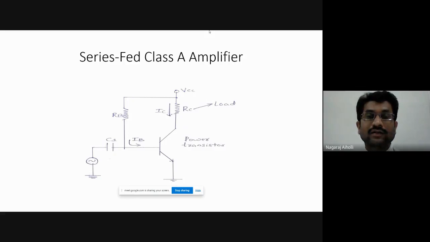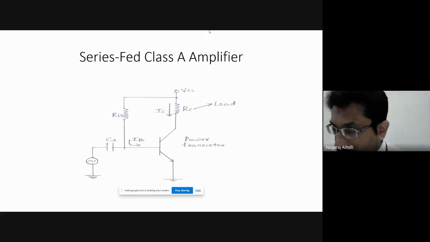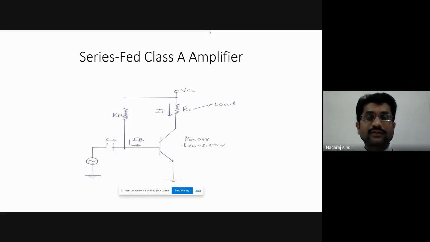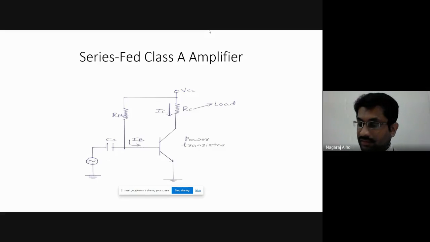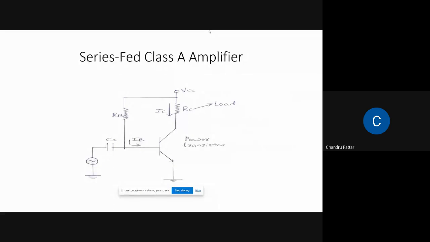Shubham Bekwadkar. Sanket. Sania. Ramesh. Chandrasekhar. Yes, sir. Sir, clear. All clear, sir. Good.